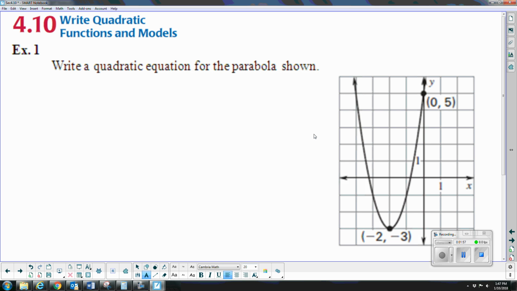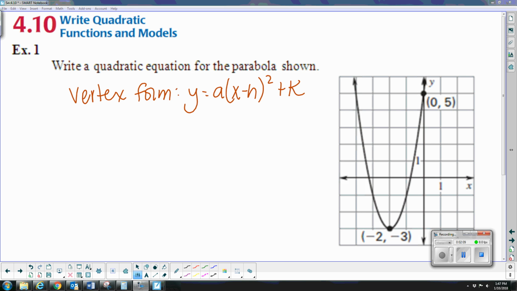You have a few different forms, and the quadratic form that you're going to use for this model is vertex form. So let's just think about what vertex form is again. So I'm going to write this out. Vertex form for our quadratic function is y equals a times x minus h squared plus k, where your vertex is (h, k).